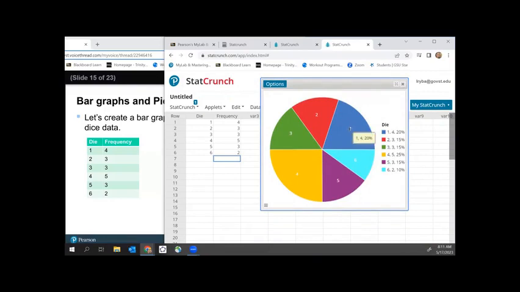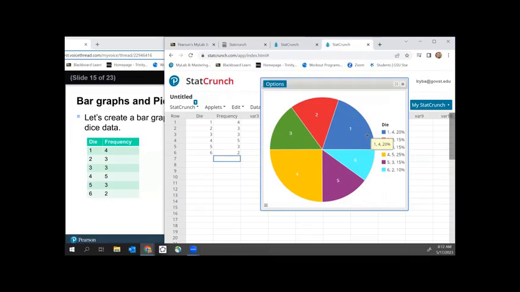It does tell me this is 1, but it also lists it on the side here. So 1 happened 4 times, which was 20%. 2 happened 3 times, which was 15%. 3 happened 3 times, 15%. And then you can see which color it is and which one it goes to.